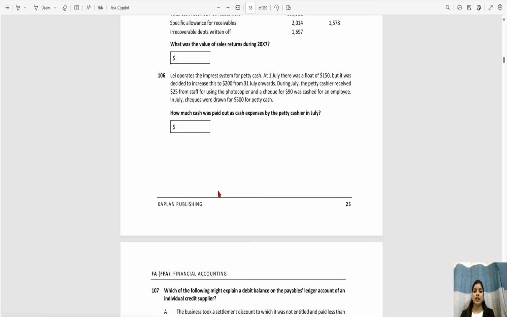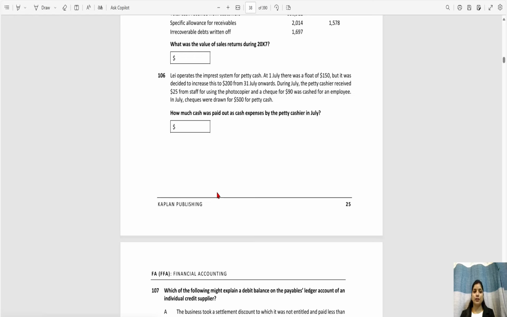At 1 July there was a float of 150, but it was decided to increase this to 200 from 31st July onward. During July, the petty cashier received 25 from staff for using the photocopier and a check for 90 was cashed for an employee.